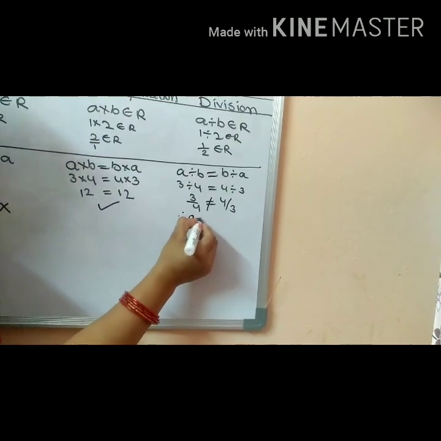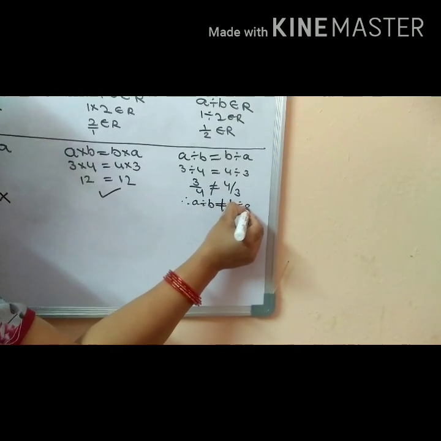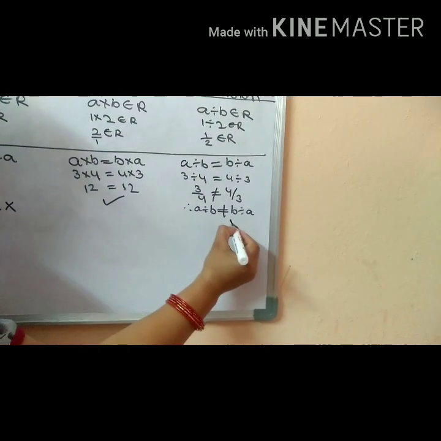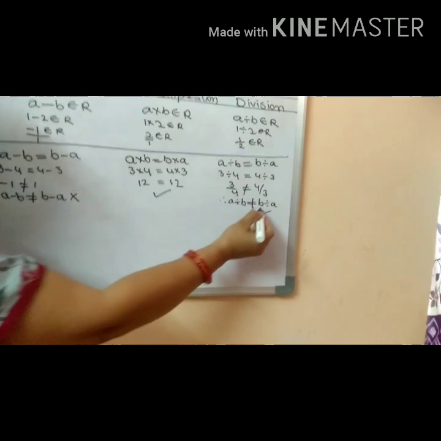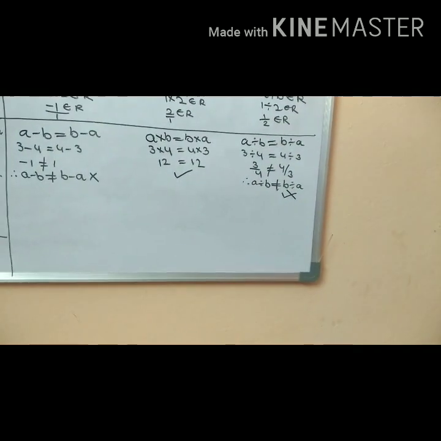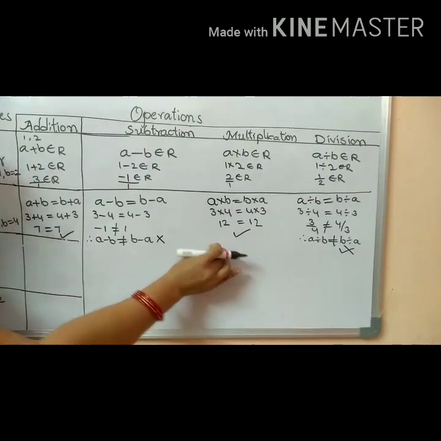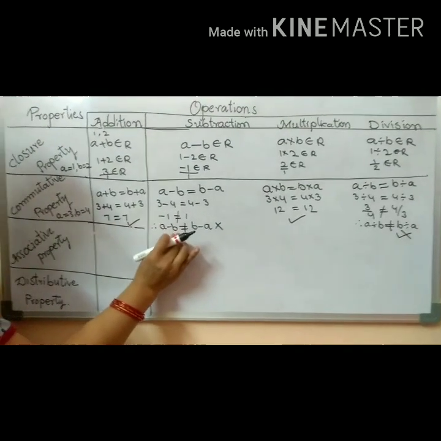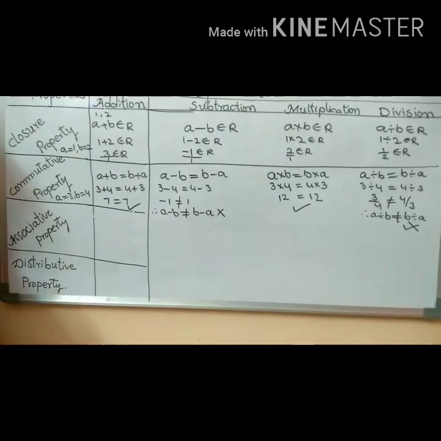Therefore, A divided by B is not equal to B divided by A. Did you understand, children? Under division, the commutative property is not possible. Only addition and multiplication are possible under commutative property, and subtraction and division are not possible.